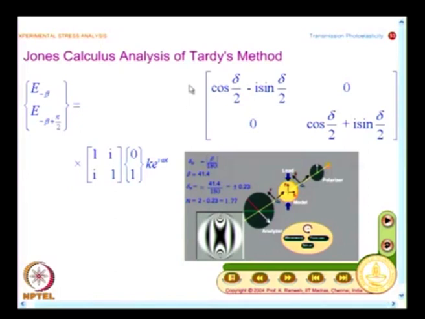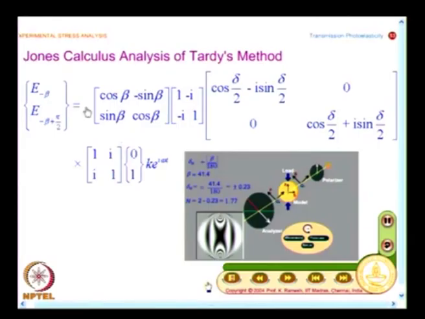So, now I will write the second quarter wave plate, that is nothing but 1 minus i, 1, and I also put the rotation matrix to find out the component of light vector along the analyzer axis and perpendicular to the analyzer axis, and I know I have taken this as clockwise. So, I use this angle itself as a reference to write this.